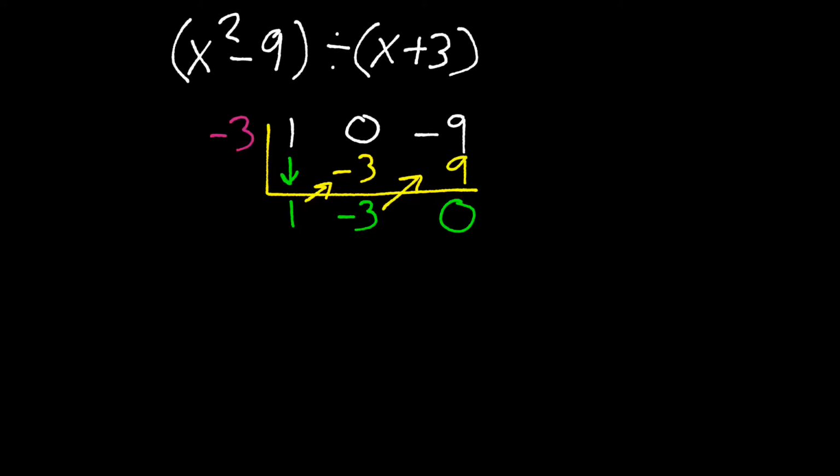So I'm not going to have any kind of a remainder, but my final answer is going to be what? Hopefully you say to yourself, x minus 3. Because, remember, the first term next to where the remainder would go is our constant of negative 3. And then this becomes our x term, and it has a coefficient of 1.